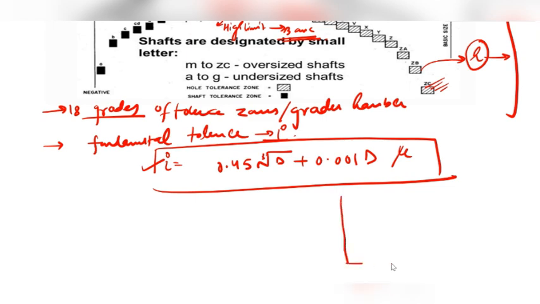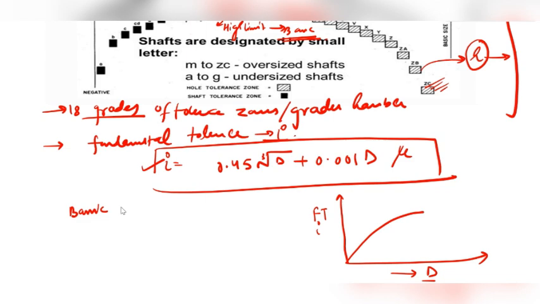Therefore, if we draw this curve between the fundamental tolerance I and this basic size D, then we will have a curve like this. So as the basic size increases, the tolerance grade or fundamental tolerance I will also increase.